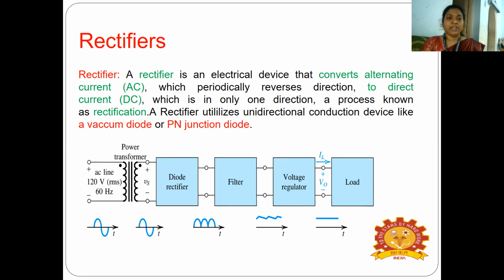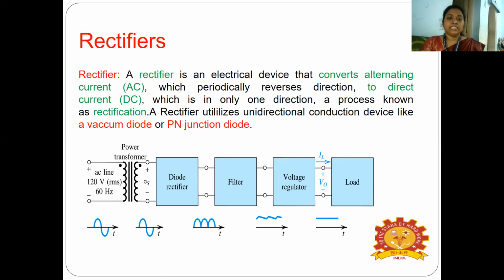From the secondary winding, whatever the input is, it is given as an input to the diode rectifier. In the diode rectifier you can use any kind of diode, a Zener diode, a PN junction diode, or a vacuum diode, any diode which is going to act as a rectifier.